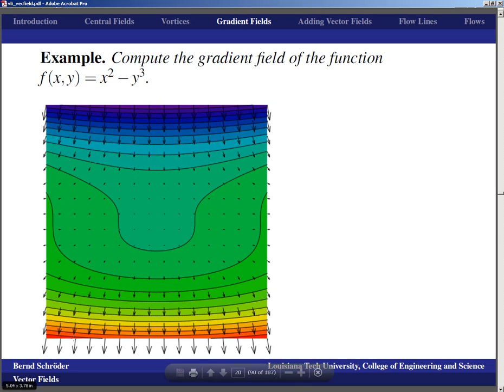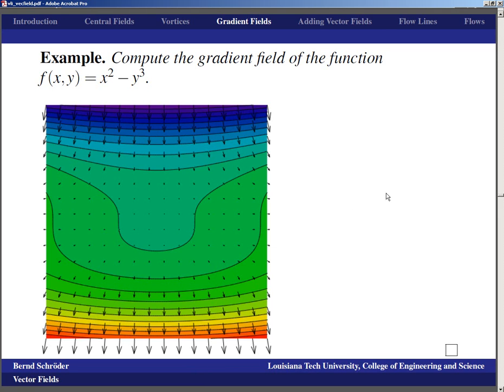Then of course thermal energy would flow in the opposite direction of the gradient here. So this tells us again that the gradient has physical meaning, in the sense that if we're looking at heat or pressure, we would have to reverse all the arrows, but it would give us the flow direction of air if this was a pressure map, for example.